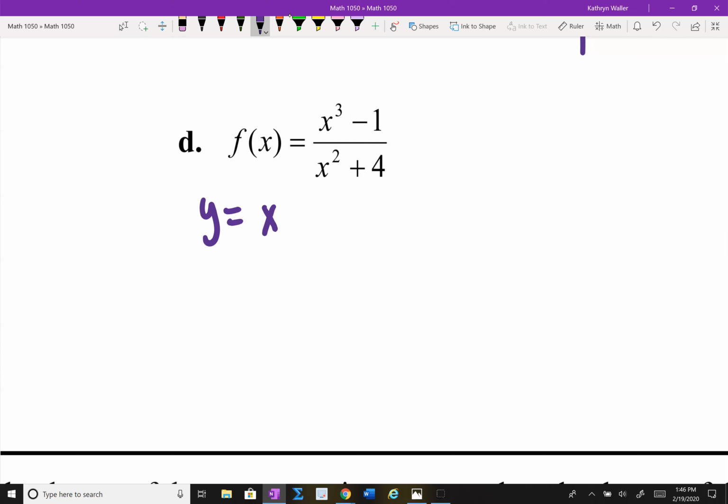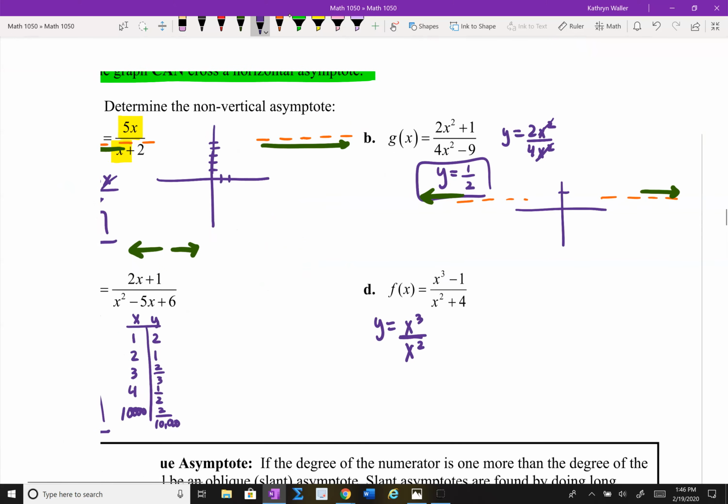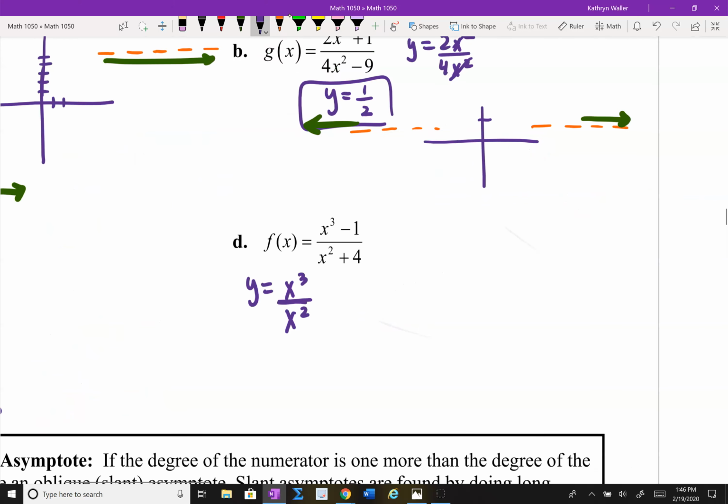Biggest over biggest. X to the third over x to the second. If they're not the same, it's either oblique or y equals 0. Which one's this guy? Is it y equals 0 or oblique? Oblique. So read the question. Find the horizontal, it says determine the non-vertical actually.